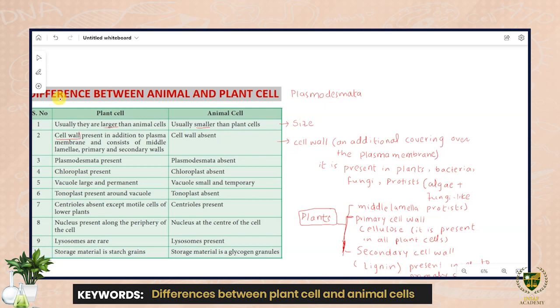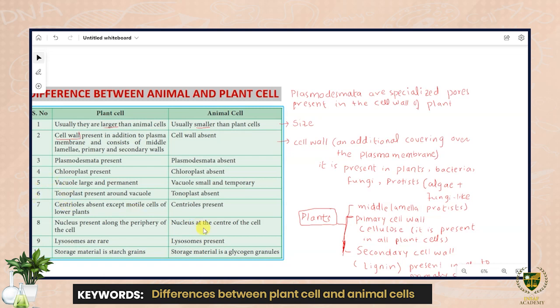Plasmodesmata are specialized pores present in the cell wall of plants only, through which the cytoplasm of one cell is connected to the cytoplasm of the other cell.